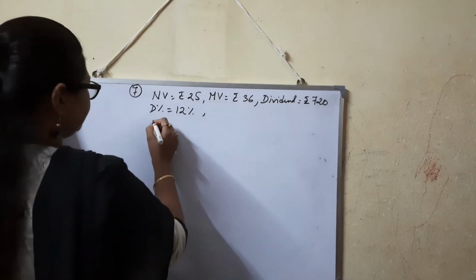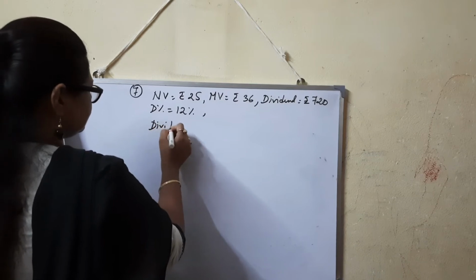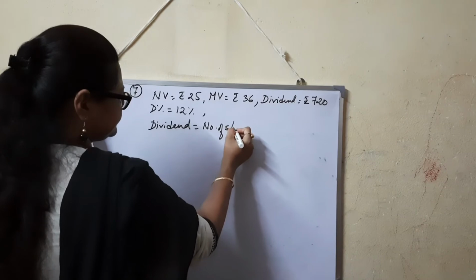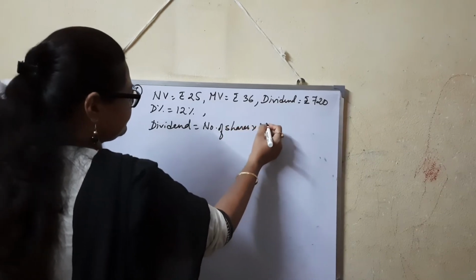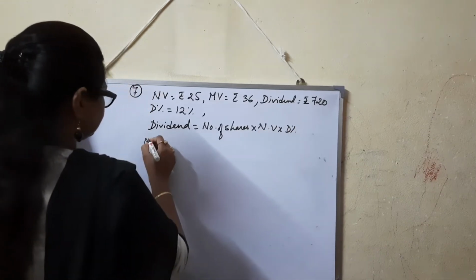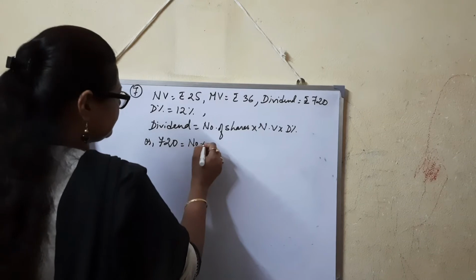First, let's find out the number of shares. What do we know? That the formula is income or dividend is equal to number of shares into nominal value into dividend percent. So this is 720. Number of shares we don't know, we have to find it out.